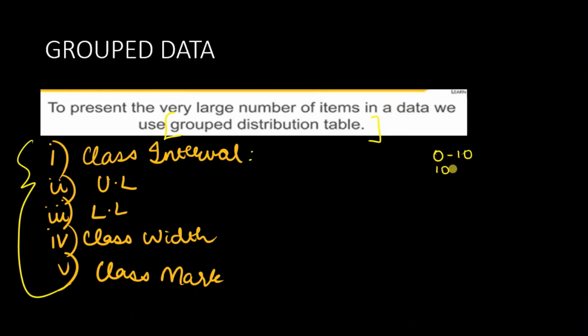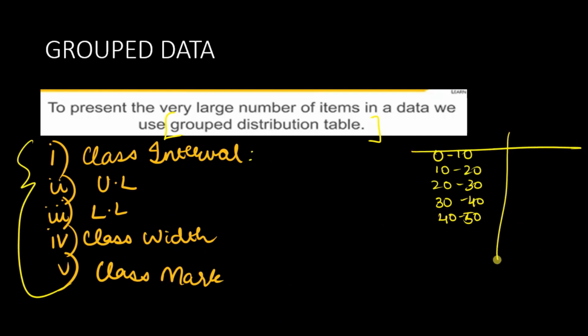Let's say 0 to 10, 10 to 20, 20 to 30, 30 to 40, 40 to 50. Let's say this is the marks, and we have the frequency here, let's say 5, 10, 15, 20, 25.